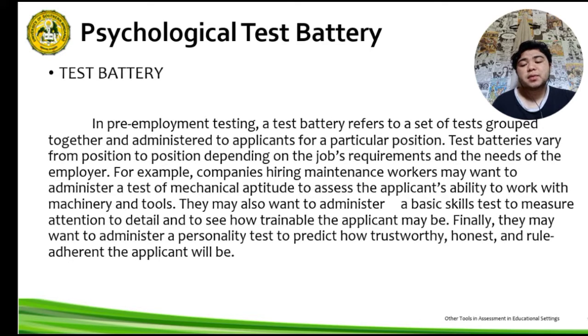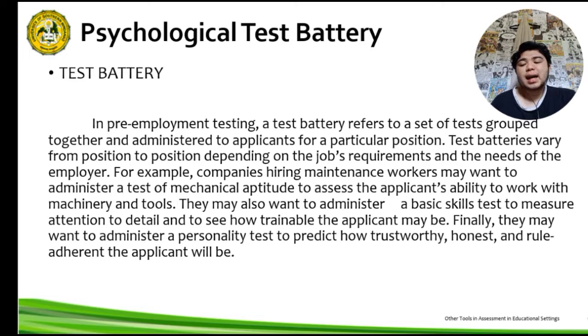A test battery consists of a series of tests administered to assess different facets of either a child or adult, or any employee's functioning, like psychosocial or psychological functioning. A test battery is utilized by a professional, a psychologist or a psychometrician, to assist in decision making, such as making a diagnosis about an individual and determining whether there is a need for service and support for that person.